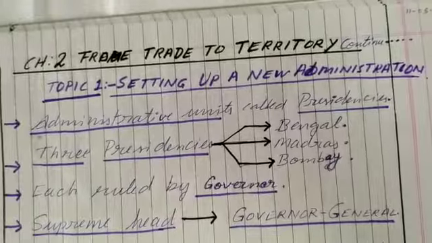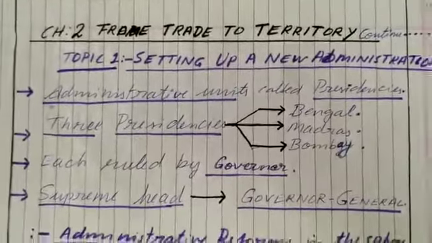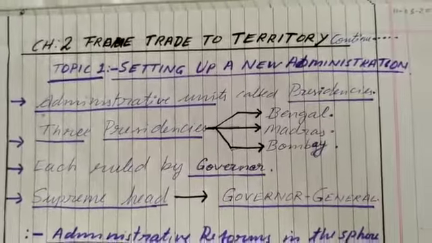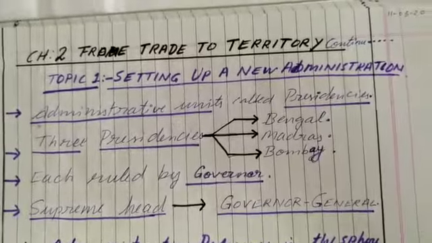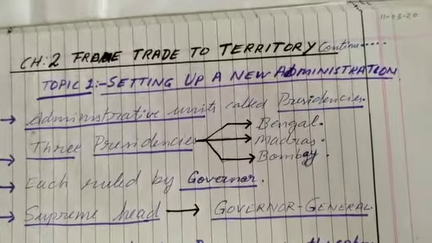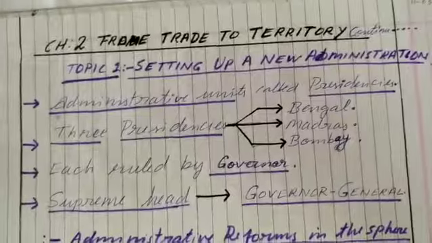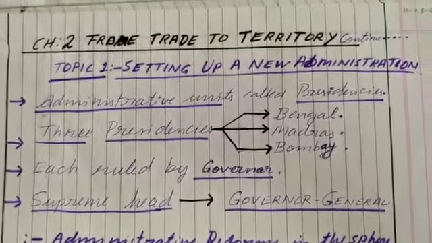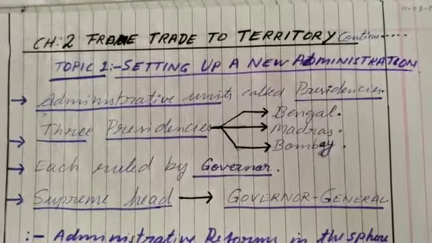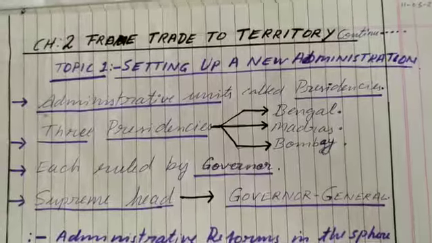Warren Hastings, who was the Governor General of India between 1773 to 1785, played a very significant role in the expansion of control of the company's power over India.